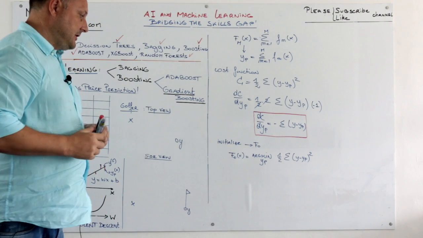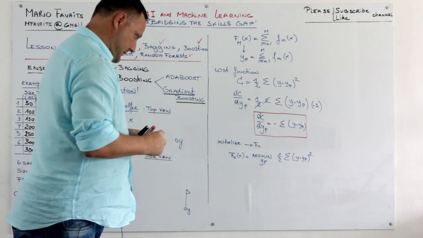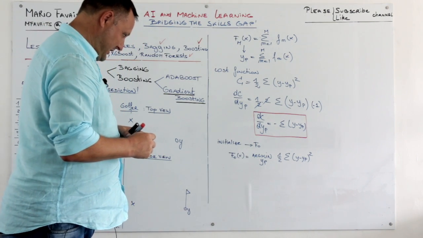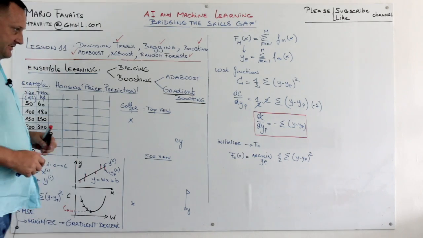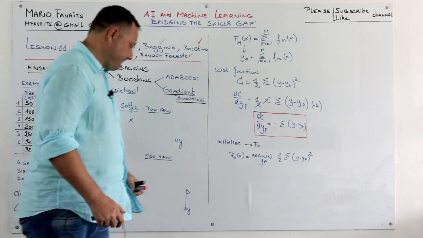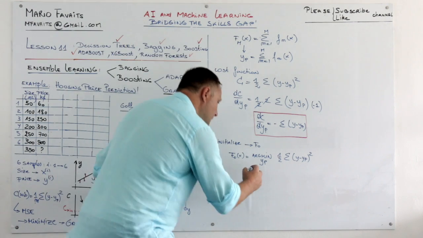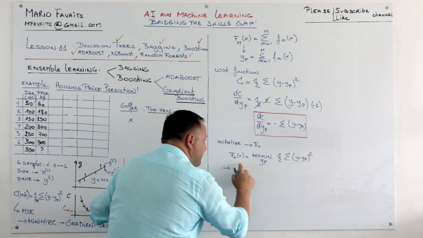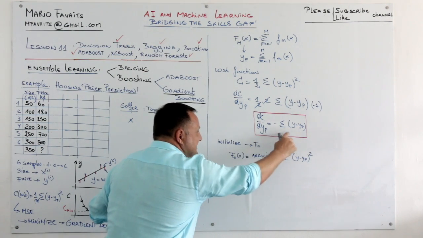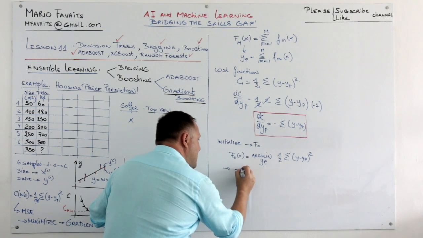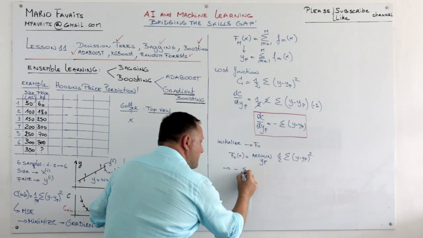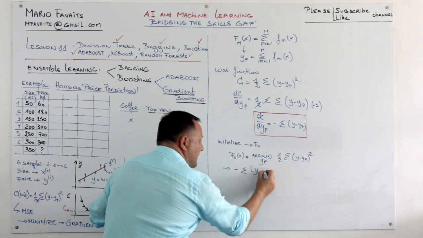So this sum will have 6 terms, one for each sample. First, let us take the derivative. The derivative is going to be the same as here. It's going to be minus the sum of y minus yp.